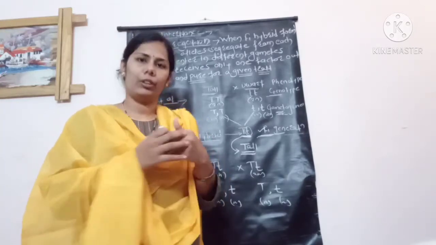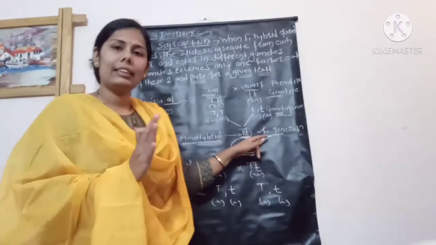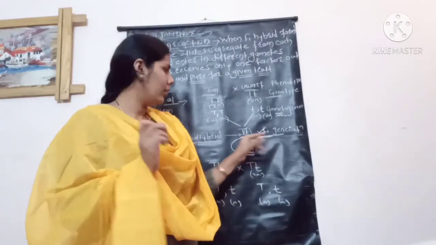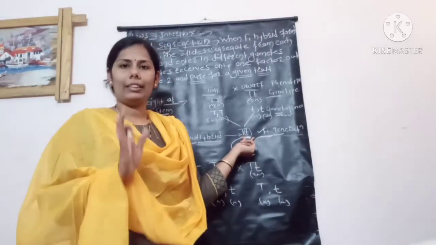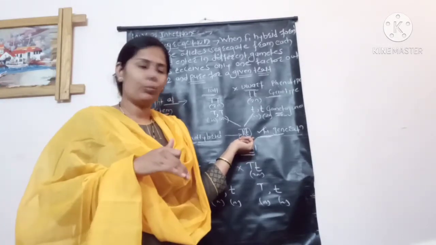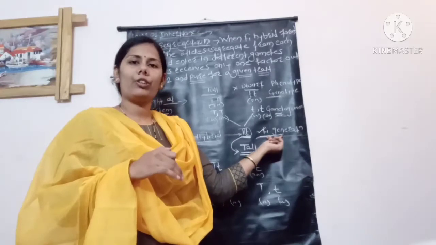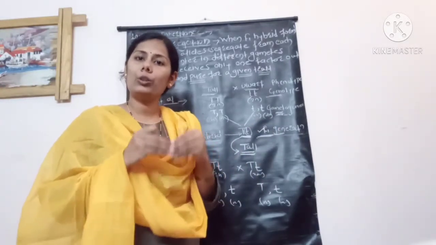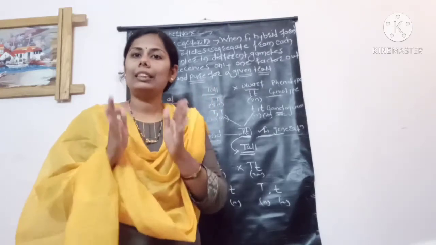In other words, both the alleles in an F1 hybrid remain together. They are not separated during the F1 hybrid condition. This is the F1 hybrid condition. Both the alleles in an F1 hybrid remain together without mixing with each other.